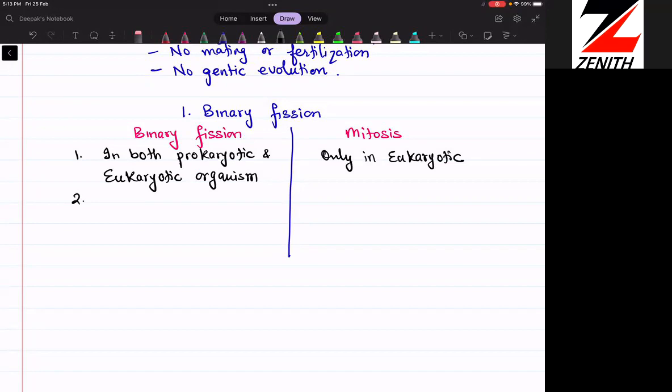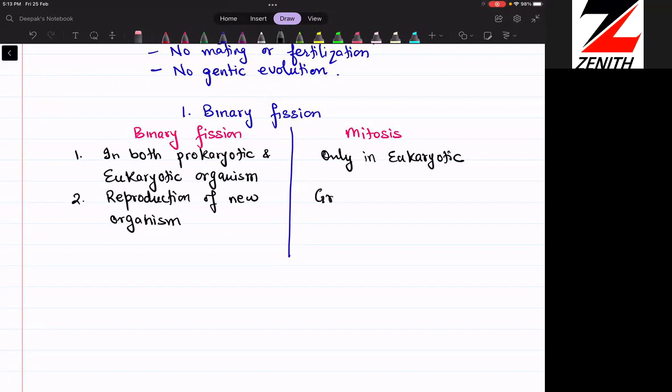Binary fission is basically a reproduction of a new organism.